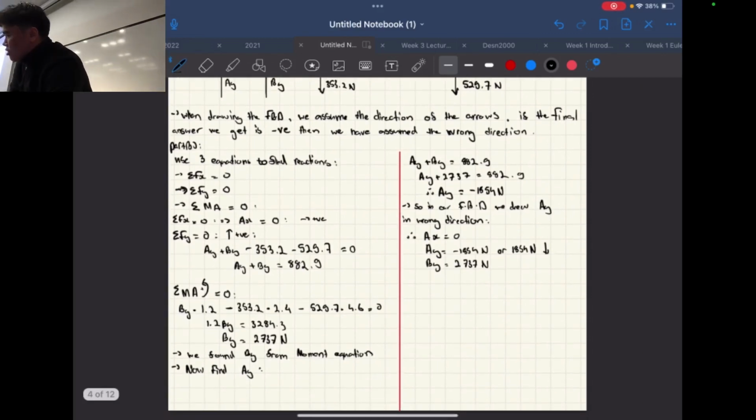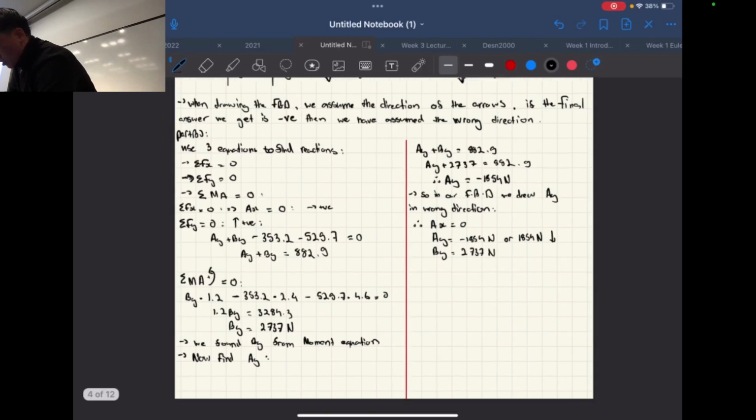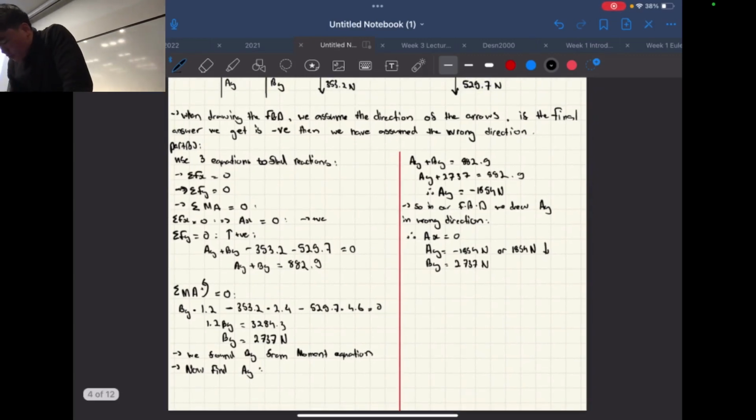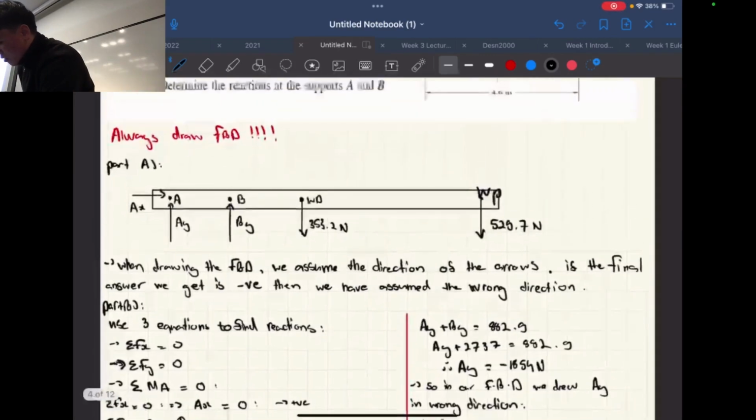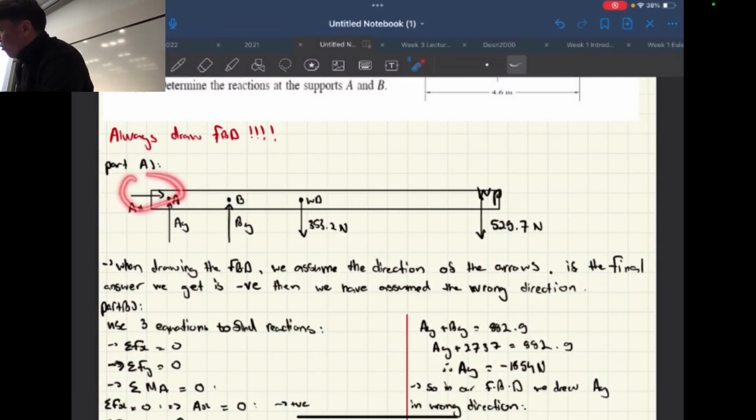In any beam question, use three equations to solve: sum of Fx equals 0, sum of Fy equals 0, and sum of moments at some point equals 0. First, sum of Fx equals 0. Notice we just have Ax here, but no other horizontal forces, so Ax equals 0.